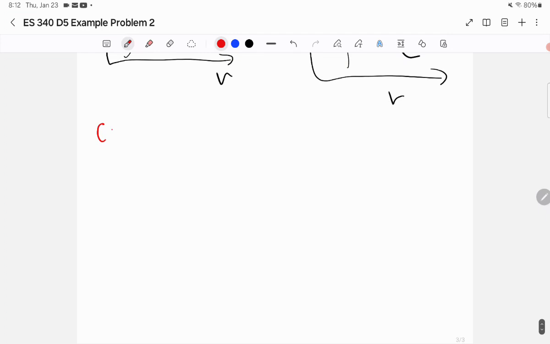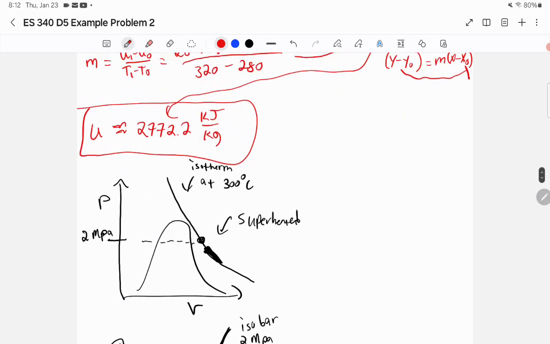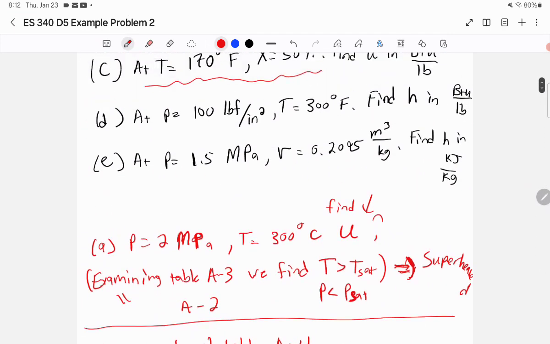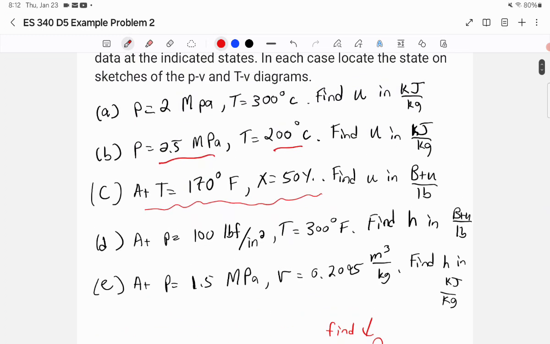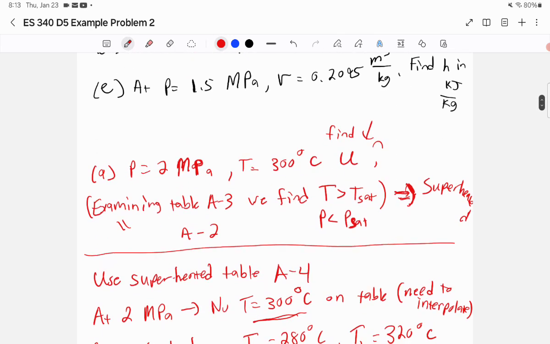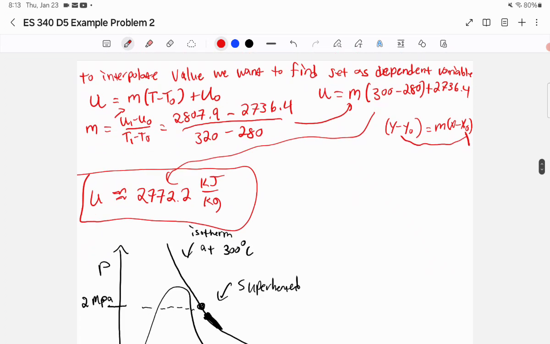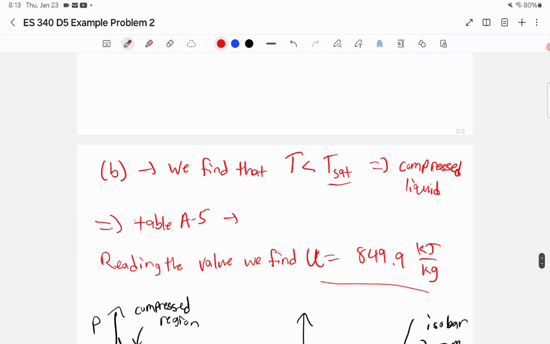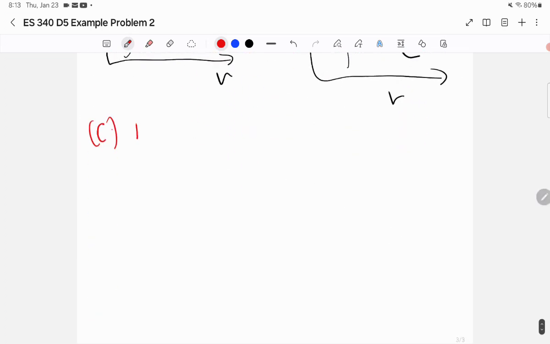Okay, how about for C? C is asking, okay, so now we need the English tables, and we know it's a mixture now because we have the quality here, which is 50% or 0.5, right? So if we go to the table, which table is a good question.